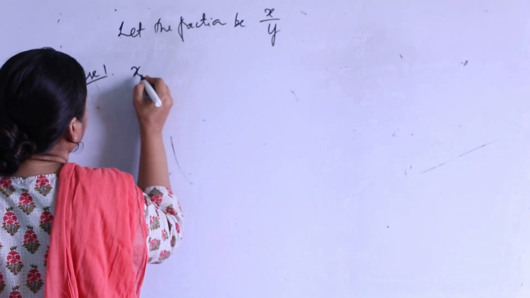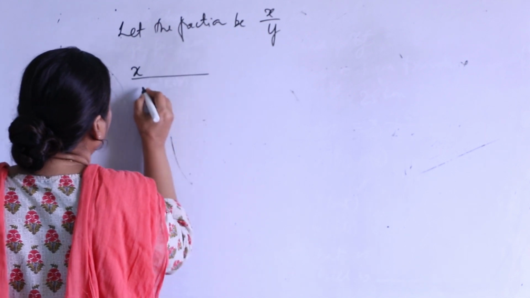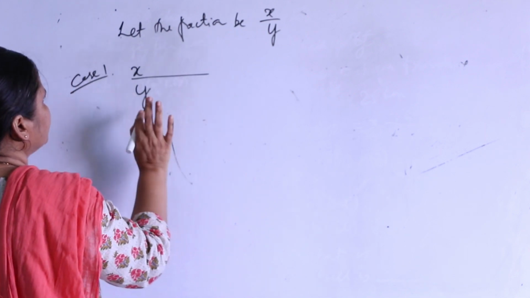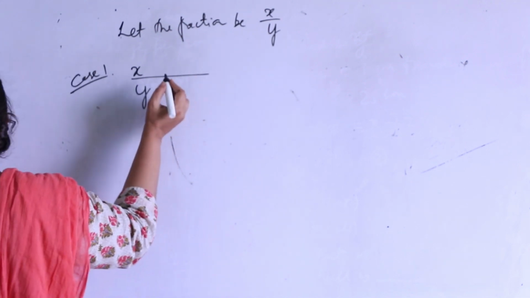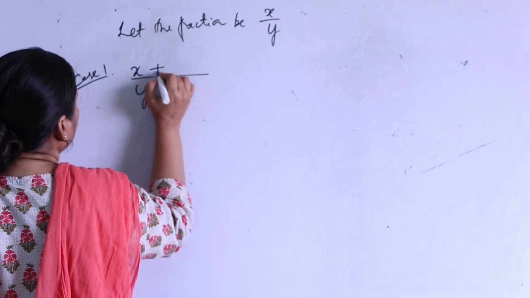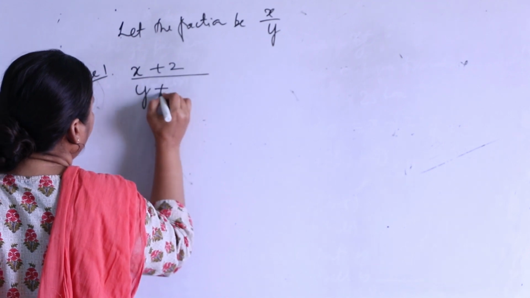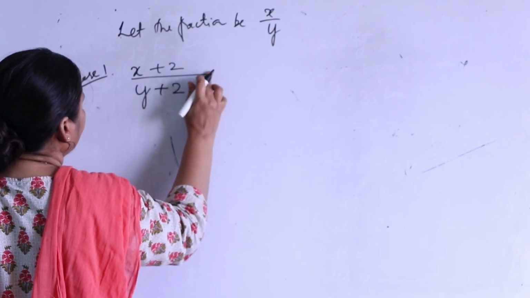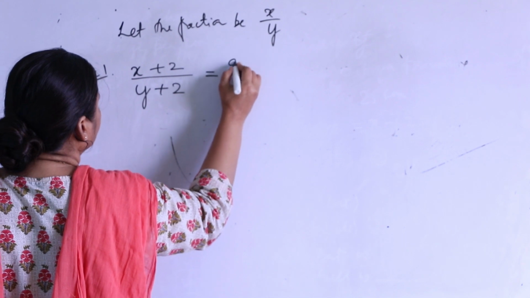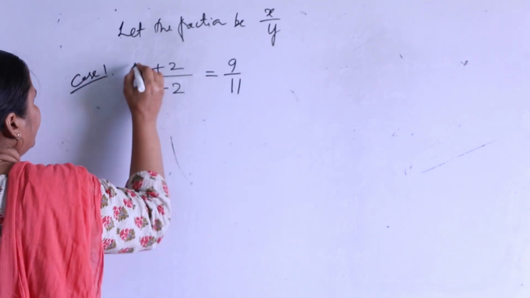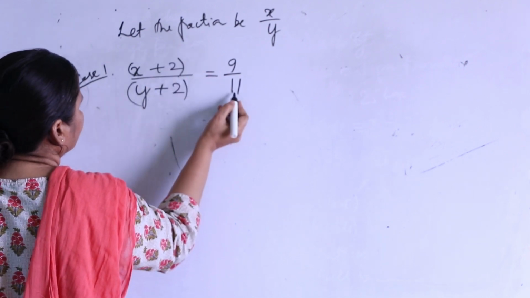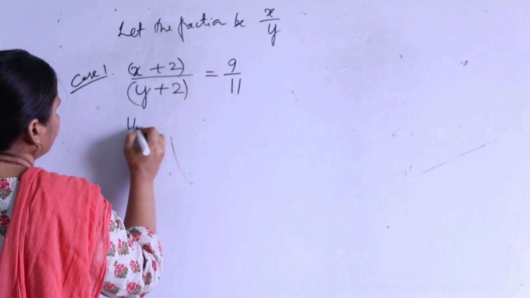Whatever may be the condition, x over y is easy to find. Now, what does it say? If you add 2 to the numerator and the denominator, the fraction becomes 9 by 11. Clear? Okay. Now, cross multiply.